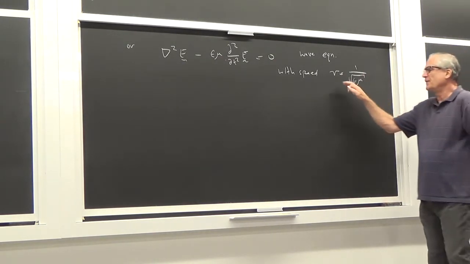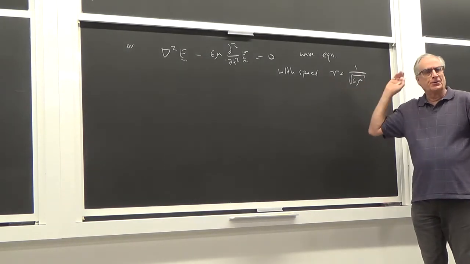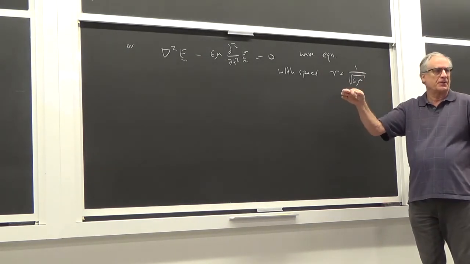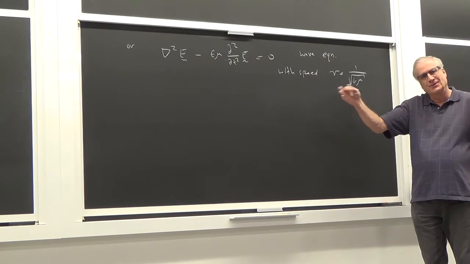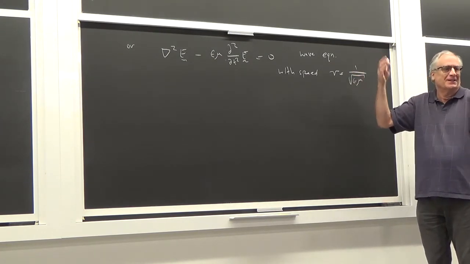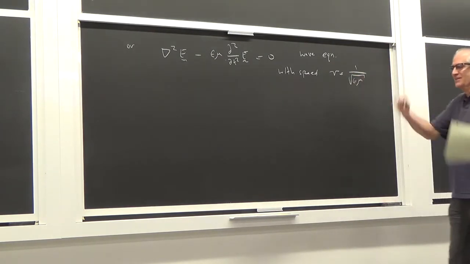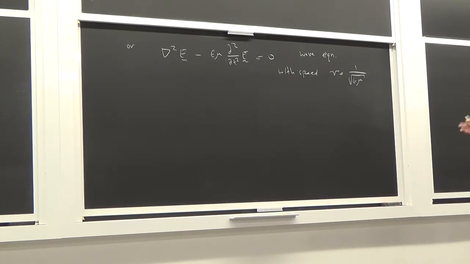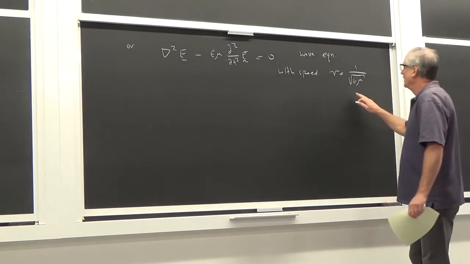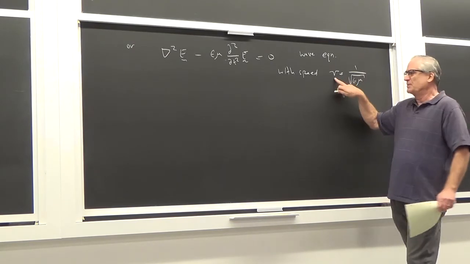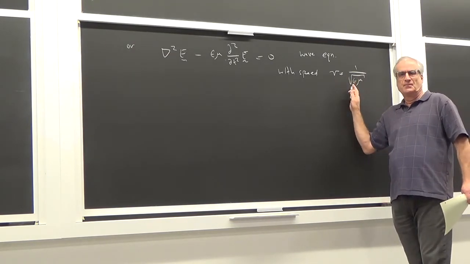If we were in a vacuum, we know that electromagnetic waves propagate with the speed of light, well, what we define it to be. So v would be the speed of light if we were in a vacuum.